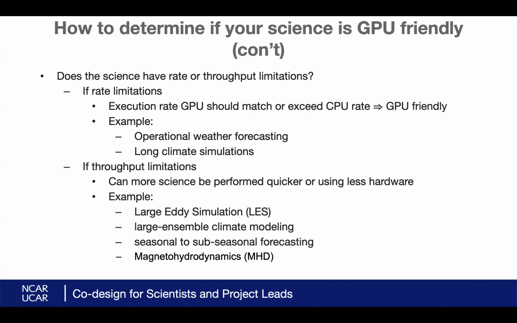So again, we're taking the same model and running it for a shorter amount of time steps, and there are potentially multiple ensembles in parallel that you want to have. So it kind of changes the characteristic. Magnetohydrodynamics. So these are more throughput limited kinds of science.